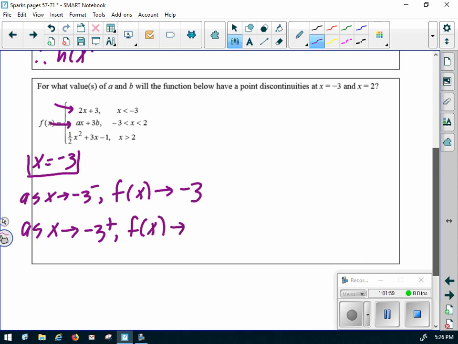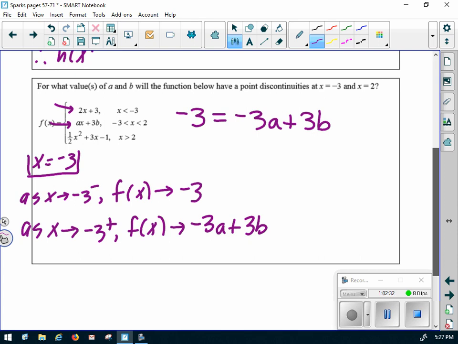Substitute in -3 for x, so that'll be -3a plus 3b. Now remember, for this function to have a point discontinuity at x equals -3, the y values that the function approaches from the left and the right must be the same. So -3 has to equal -3a plus 3b.